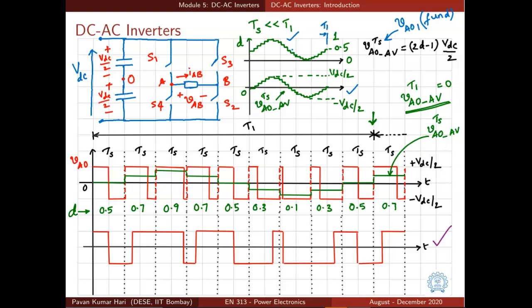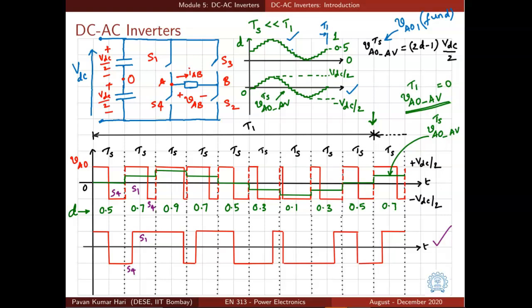In the second cycle of TS, S1 has to be on for a longer duration and S4 has to be on for a shorter duration. Since S4 was on at the end of the first TS, if we continue to maintain that and then turn on S1, we save one switching transition.